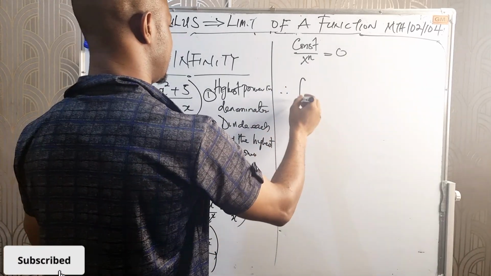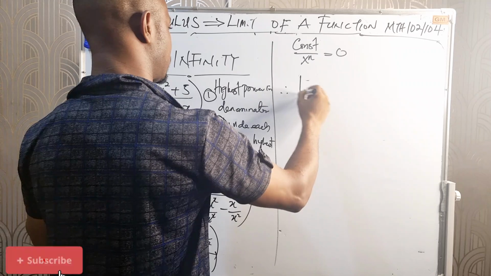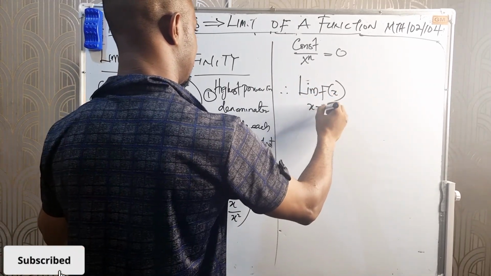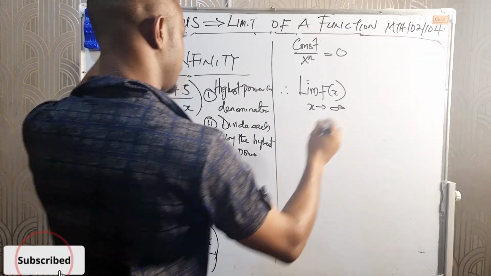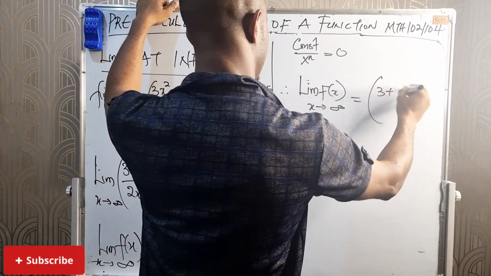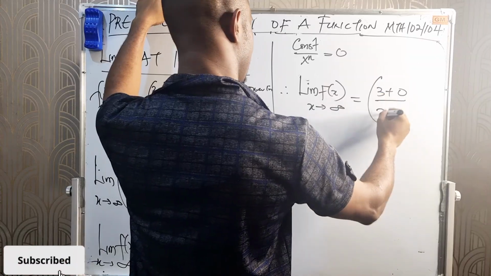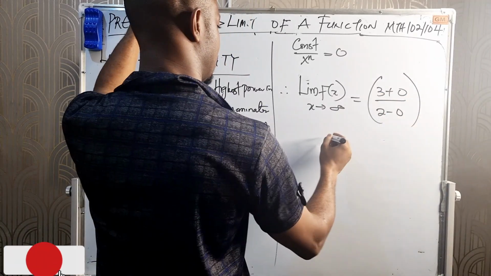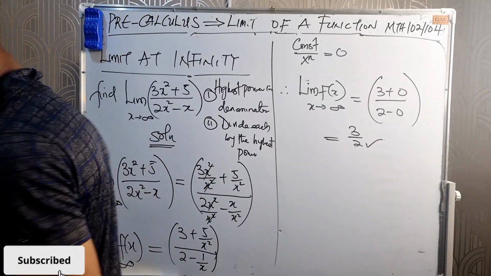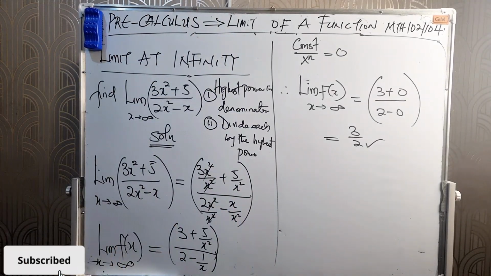Therefore, the limit of f of x as x approaches infinity becomes 3 plus 0 over 2 minus 0, so here becomes 3 over 2. Final answer. Let's see another example.